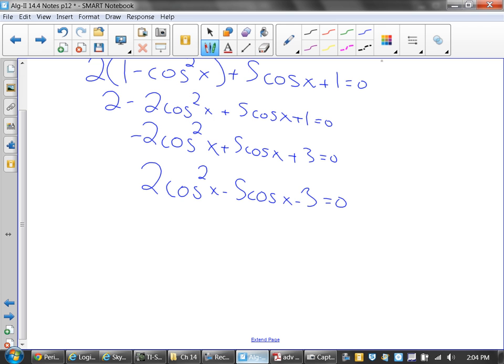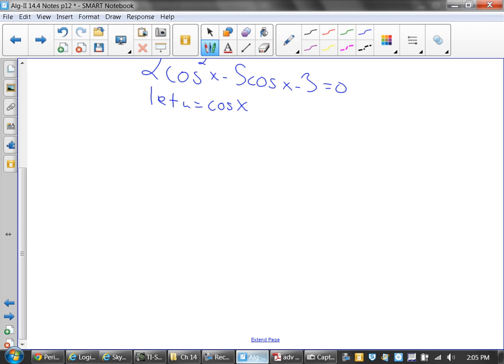It's setting you up for factoring right off the bat, because there are 3 terms. I knew it was factorable, but then I tried to factor it out and put everything as negative, and that didn't work. Did you write it as u? No. Write it as u. Because if I let u equal the cosine of x, then all of a sudden it looks so much easier: 2u squared minus 5u minus 3.